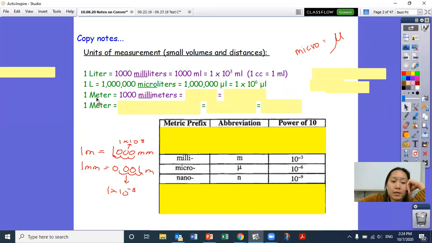It goes the same for meter as well, right? Meter is distance. Liter was volume. So meter, like for example, if you run track, the 100-meter dash is just 100 meters, right? It's a distance. If you want to use a smaller unit and you have millimeters, right? The things on your ruler, the really, really small increments on the side of your ruler, that is 1,000 millimeters within 1 meter.